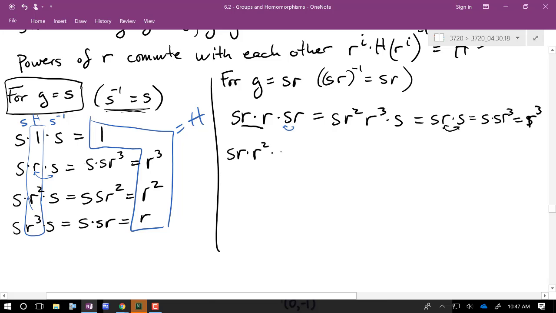Let's try it with R squared. So again, I'm going to combine those middle R's, and I'll flip this guy around. So we have SR cubed times R cubed S. What is R cubed times R cubed?